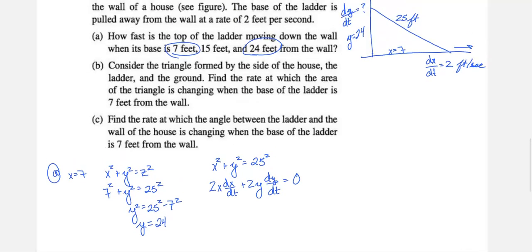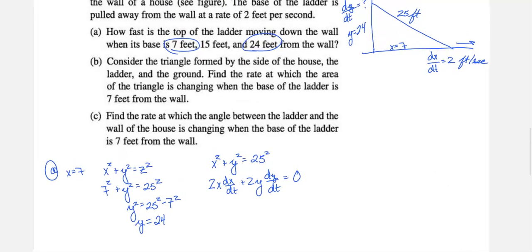The other way we could think about it is that x squared plus y squared is equal to z squared, and that rate of change is not changing because that ladder is going to remain a constant length. So we could think about it this way.